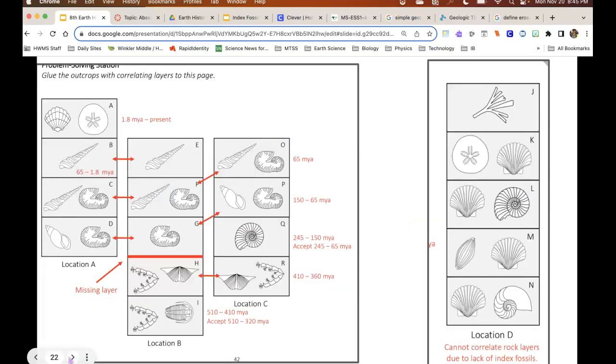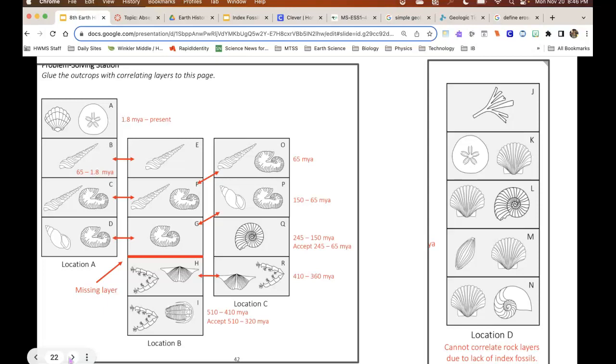Now, if you remember right here, we went over this one, and we said that the index fossil Q, which is an ammonite, the ammonite is missing from location B. We see the ammonite in location C, and in location C we see layer P, and we can see that in layer B, and then we see the fossils in layer R, and we can see those in B, but something happened in location B where that rock layer was eroded, and so it's no longer there.